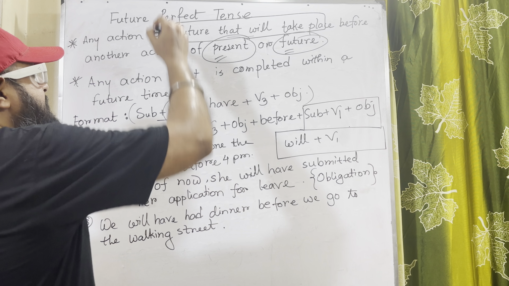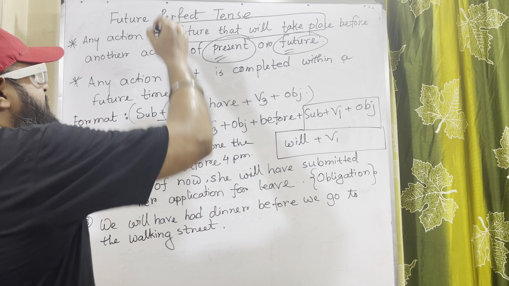But in this situation, as we have already used the modal auxiliary will, there is no connection between the auxiliary verb have and the subject of my sentence. That's why whatever the subject is, it does not matter at all.